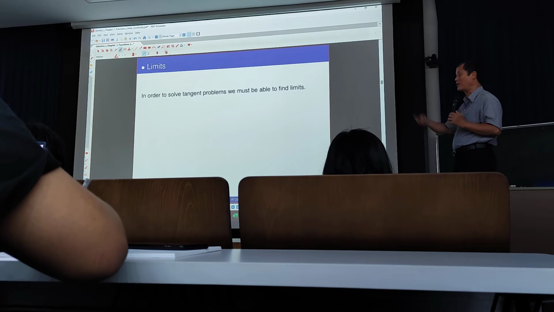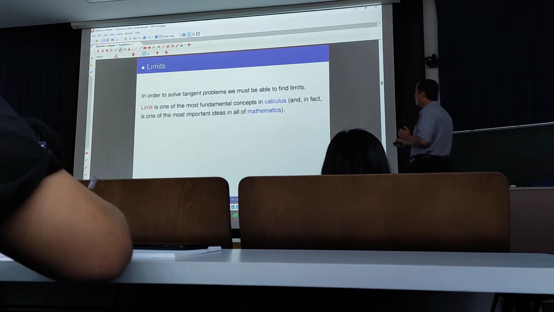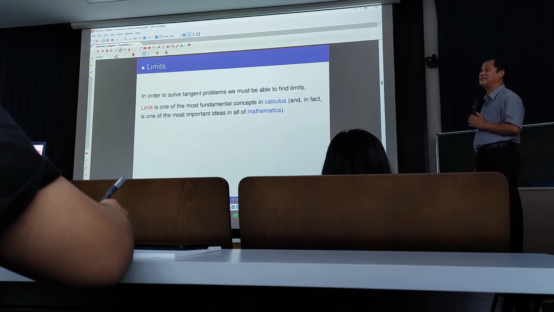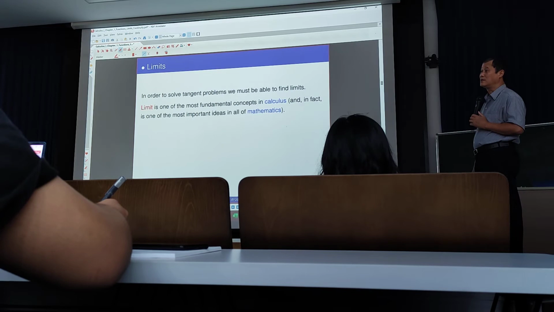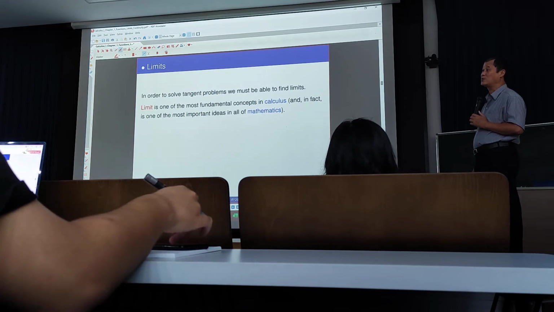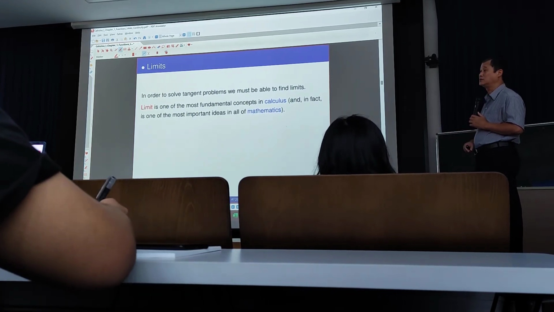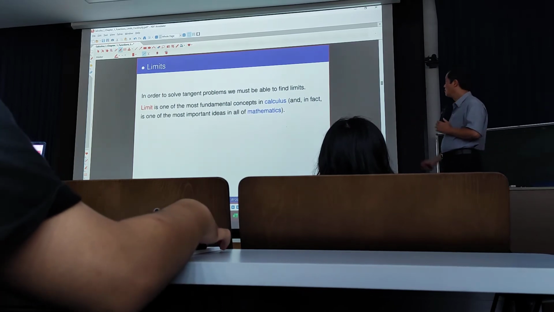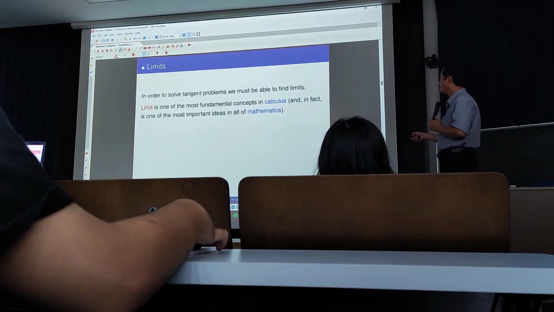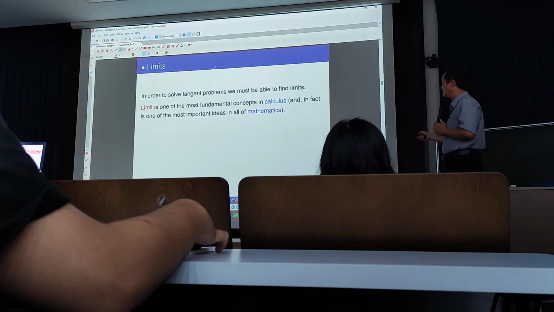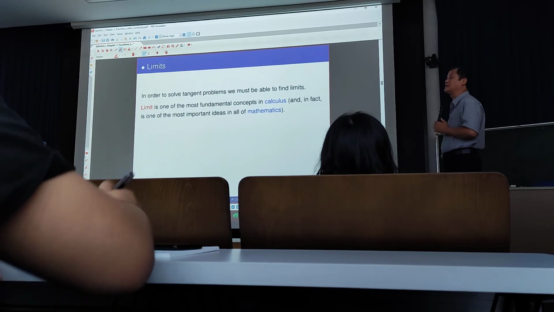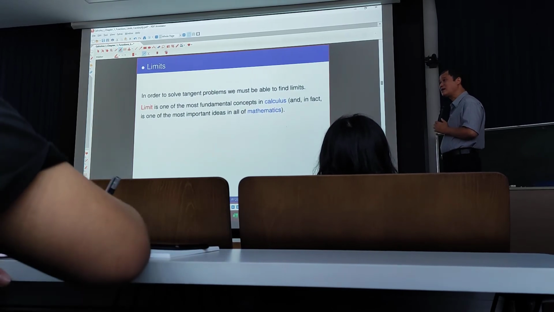So then we want to understand what the limit is in general. I don't know whether your high school teacher talked about that or only the definition. But here, this is important. Limit is a fundamental concept in calculus, and even in mathematics, you cannot do anything without limit.